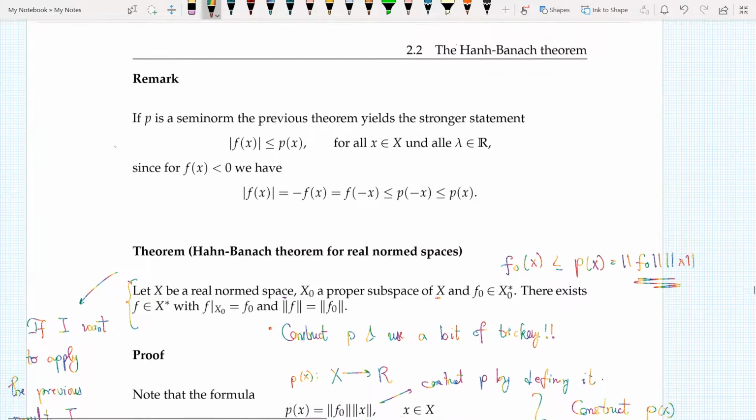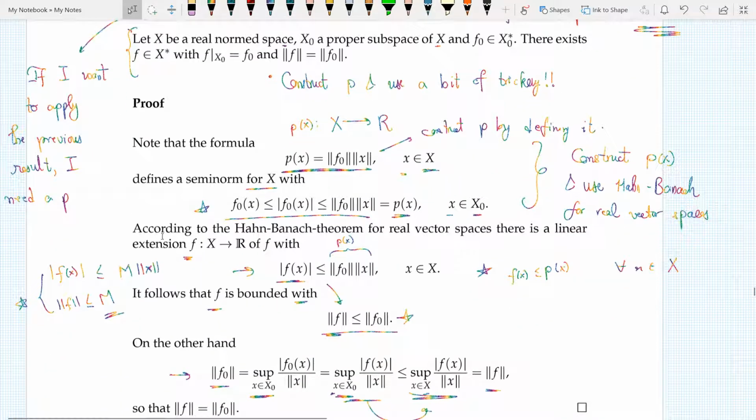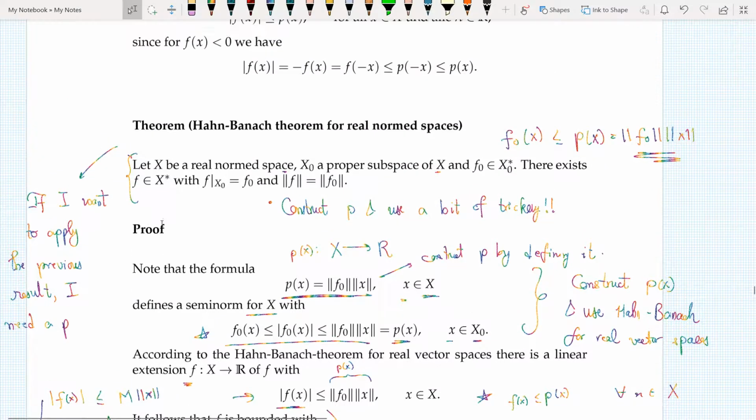And then I showed that not only that, but the norms are also equal. So that's the proof of the Hahn-Banach theorem for real norm spaces.